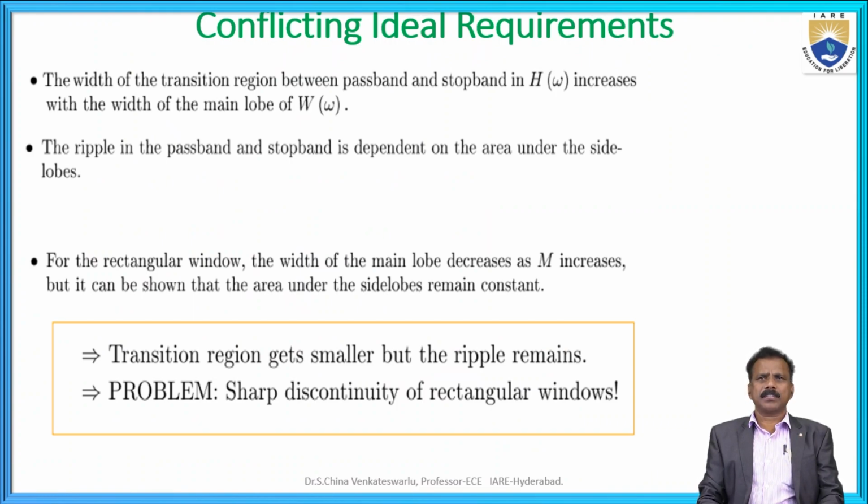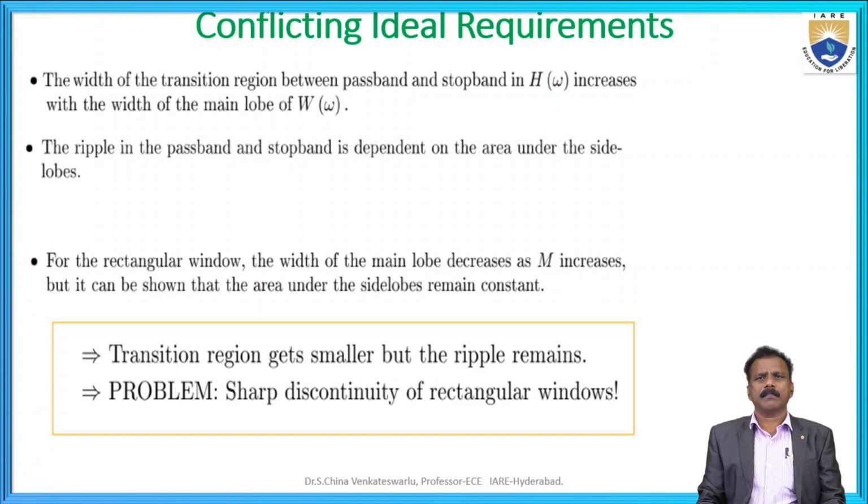The width of the transition region between the passband and stopband in H of omega increases with the width of the main lobe of W of omega. The ripple in the passband and stopband depends on the area under the side lobes.